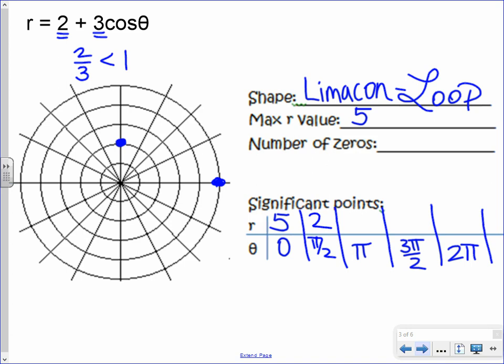What is the cosine of pi? -1. So we have 2 plus 3 times -1, which is -1. This is why we get a loop, because we have a negative R value when we get to one of our significant points. So at pi, we need to move backwards 1.